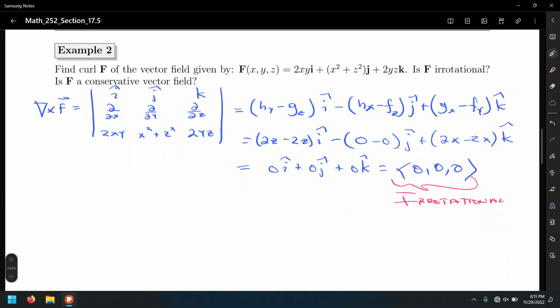Now, they're asking us another question, whether F is a conservative vector field. So, all right, I would like to go back to the conditions.